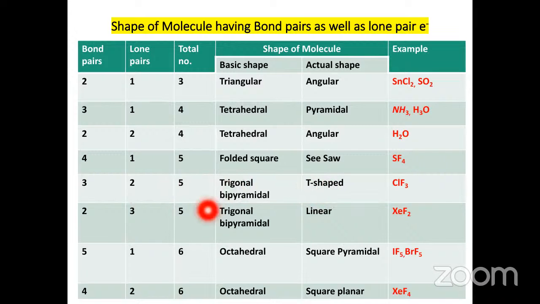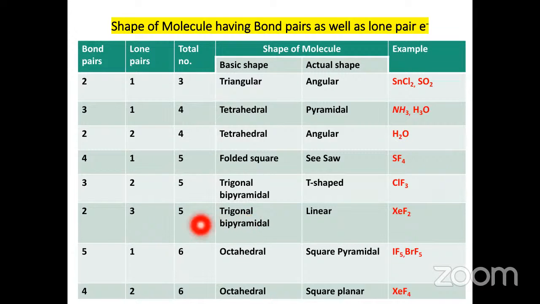Next, if the molecule has 5 electron pairs, then the shape is trigonal bipyramidal. Of these 5 electron pairs, if it has 3 lone pairs along with 2 bond pairs, then the shape changes to linear according to VSEPR theory. Then, if the molecule has 6 electron pairs, then the shape is octahedral.